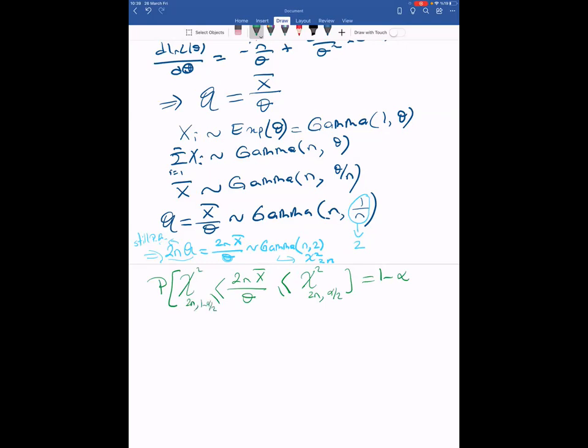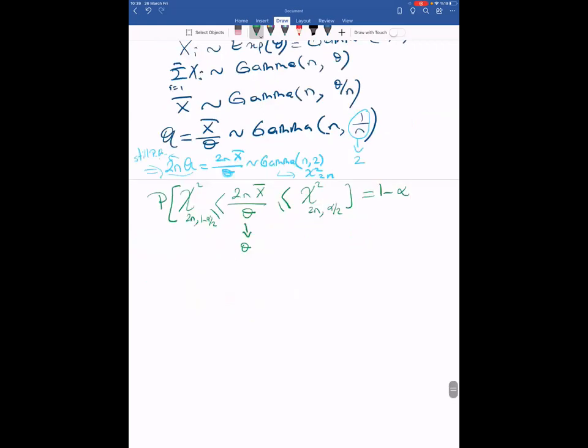Then the only thing we need to do is write this interval for theta only. So do a little mathematical calculation. Actually, you don't have to do a very difficult job to do that. We have 2n x bar. Here theta and the pivotal quantity are negatively related to each other.